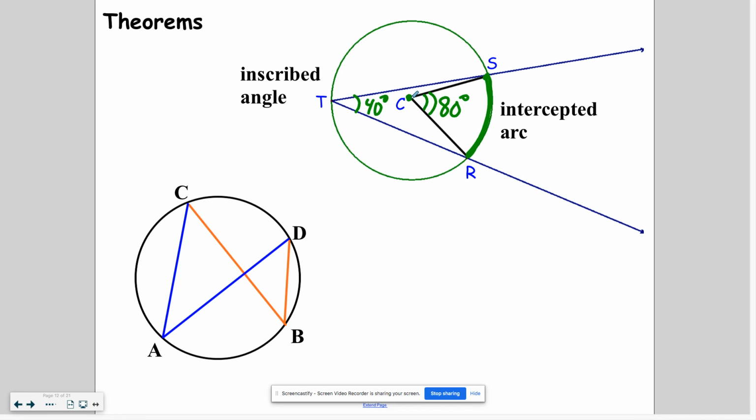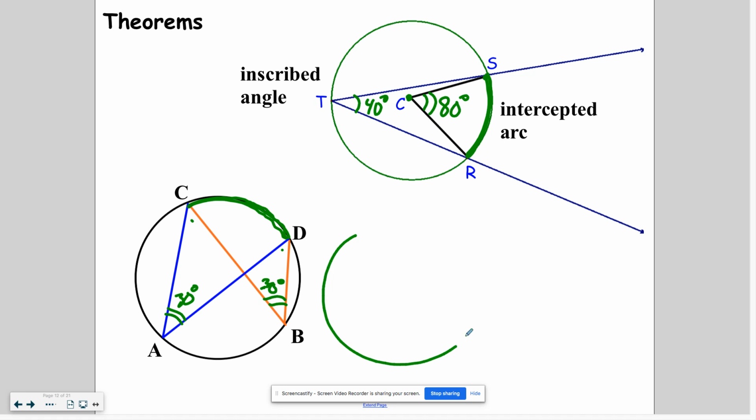Same thing over here. It's saying this angle and this angle have to be the same because they are subtending the same arc. So if this was 30, this would also have to be 30. Now these angles over here, I don't know what they would be up at the top. We'd have to figure that out with more information. I don't have enough information to figure that out.